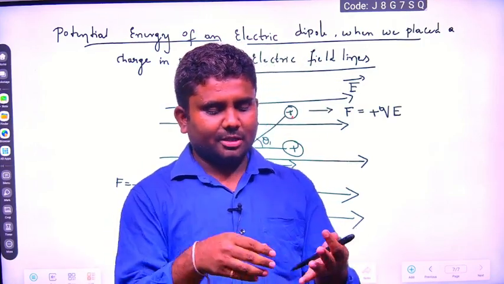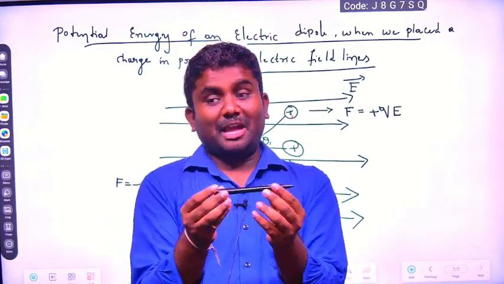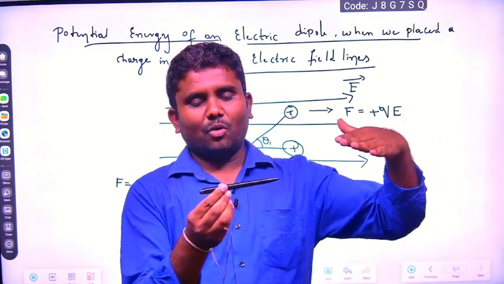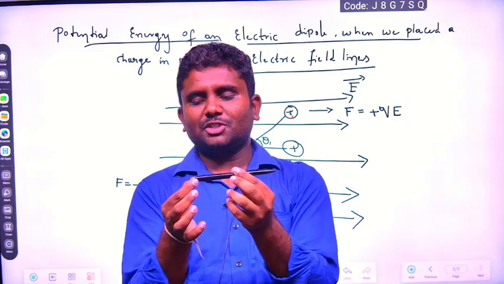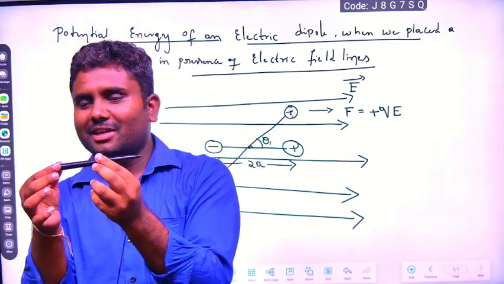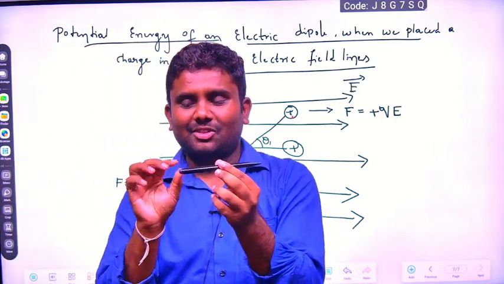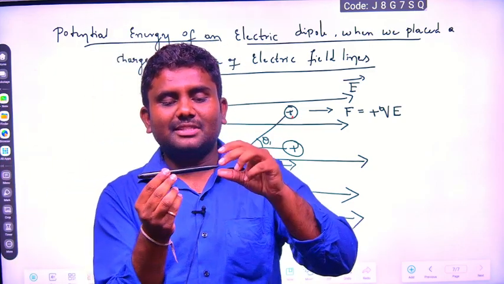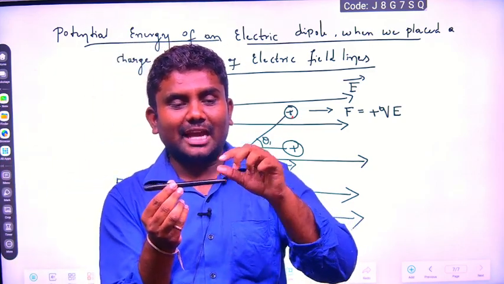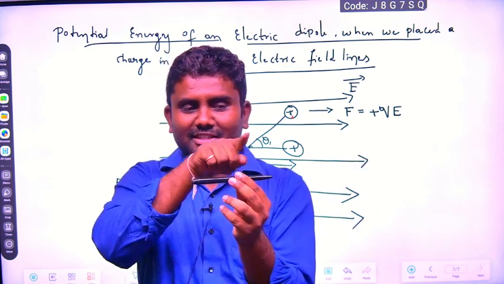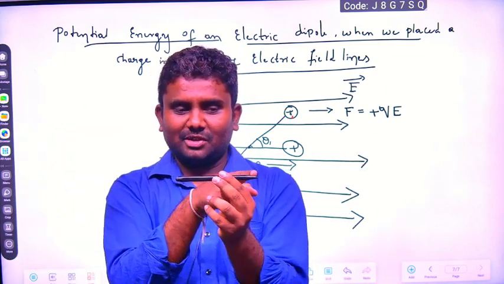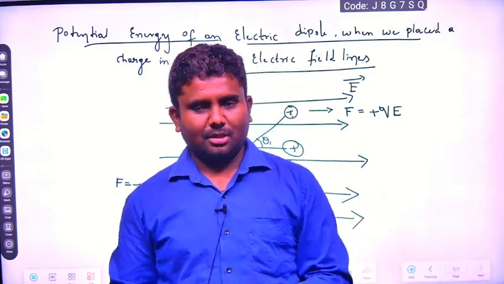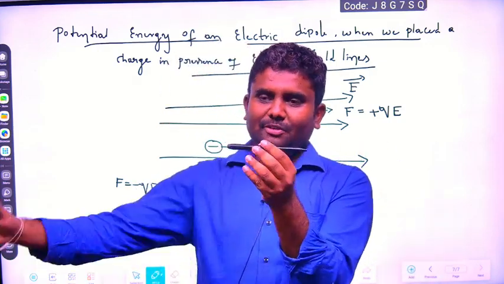This is a dipole, this is the positive charge and this is the negative charge. Whenever electric field lines are going like this, this positive charge will experience a force in the direction of the electric field. This negative charge will experience force in the direction opposite to the electric field. Electric field is in this direction, but this negative charge will experience force in the opposite direction. Understood? Now, for example, this is the electric dipole. Electric field is going like this.